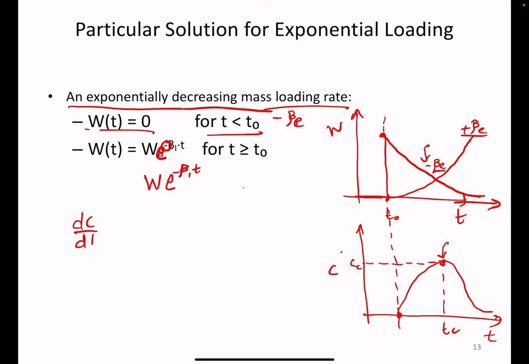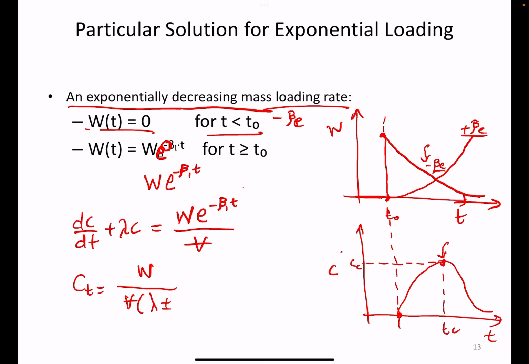dc/dt plus lambda c is equal to W e to the minus beta 1 t over volume. If you solve it, the concentration at any time t is loading over volume, lambda, plus or minus, depending on whether the exponential is increasing or decreasing, times e plus or minus beta t, minus e to the minus lambda t. If it's a plus, it's increasing.